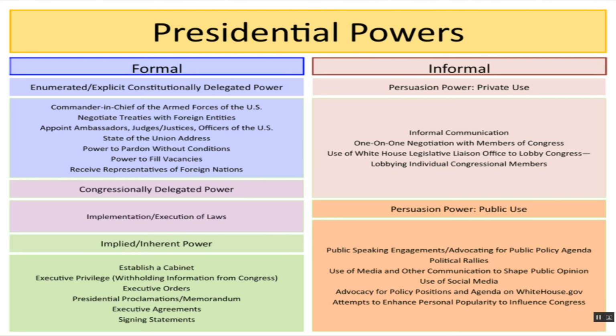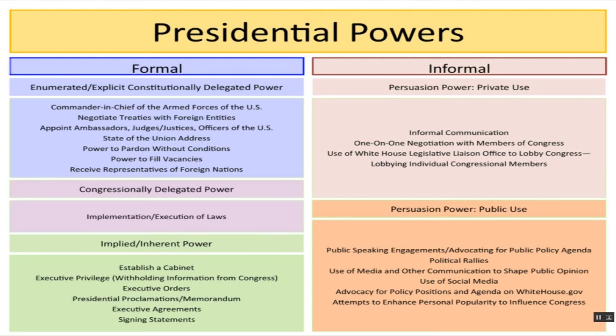Remember from prior lecture, a statute is a law created by Congress as opposed to one created by, say, the Constitution. So the president really has two different types of formal power. He has constitutional powers, which are formal powers explicitly given to the president by the Constitution. And then he has statutory powers, which are formal powers explicitly given to the president not by the Constitution, but through an act of Congress.